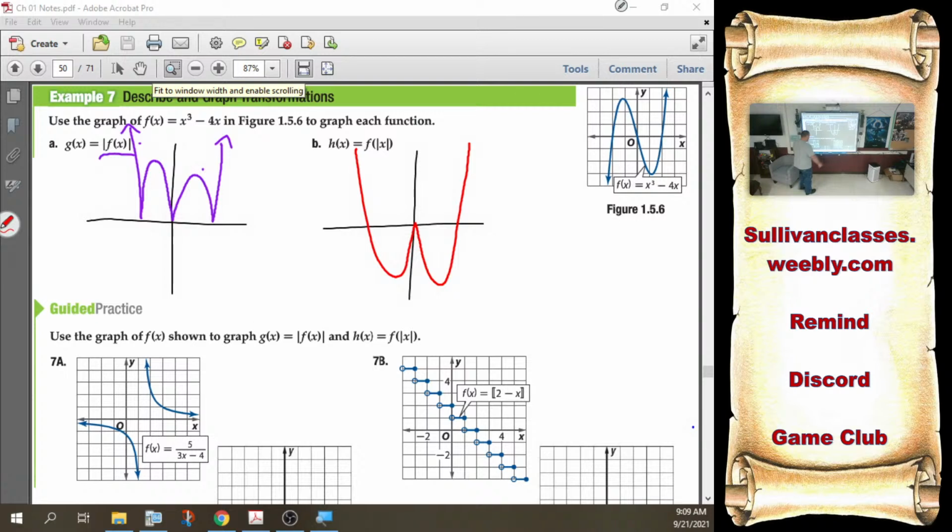It comes up like a peak. Yeah, they're all so close.